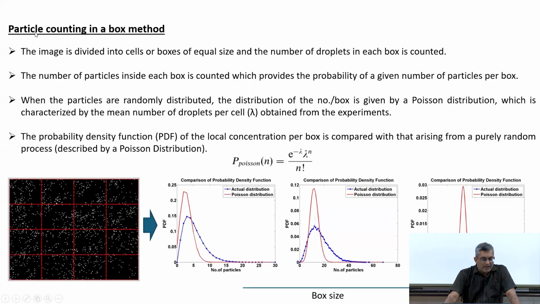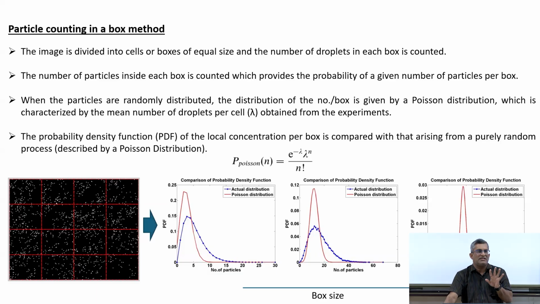So, the first method is called particle counting in a box. In this approach, what we do is divide the image into a number of boxes. This is similar to dividing the images in case of PIV, what we call interrogation windows in that case. But here we do not have a second image.